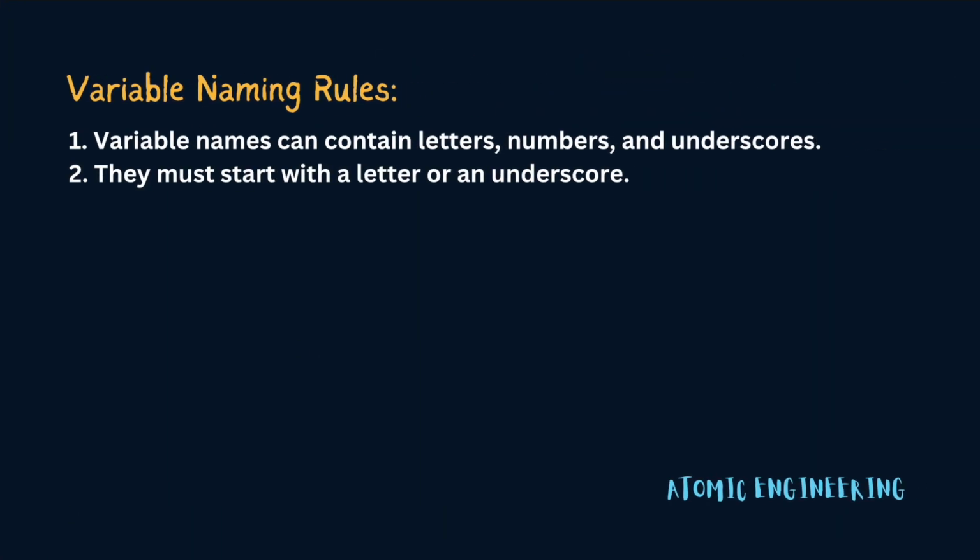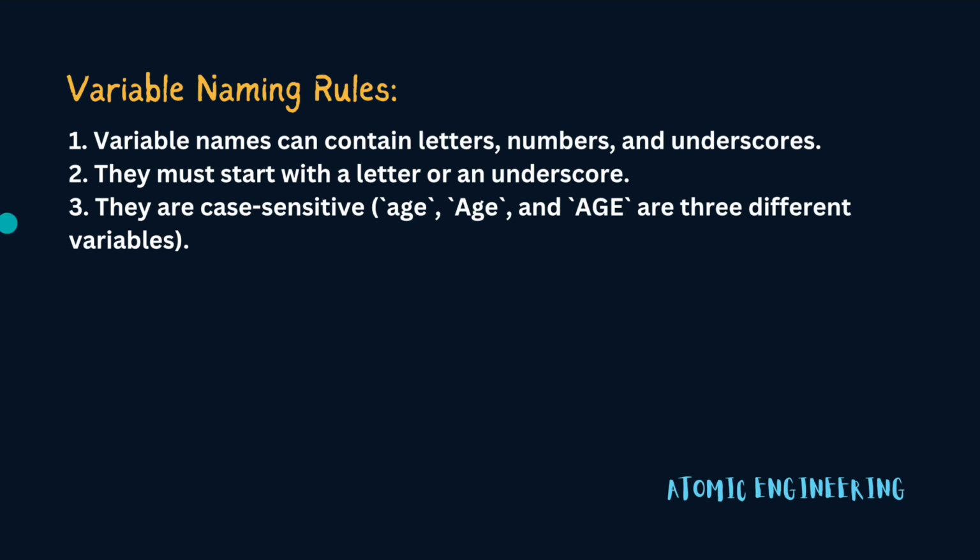And the other rule is that variables are case sensitive. If we create three variables, one is age with all small letters, the other is Age with the first letter capital, and the third is AGE in complete capitals, these three will act as three different variables.